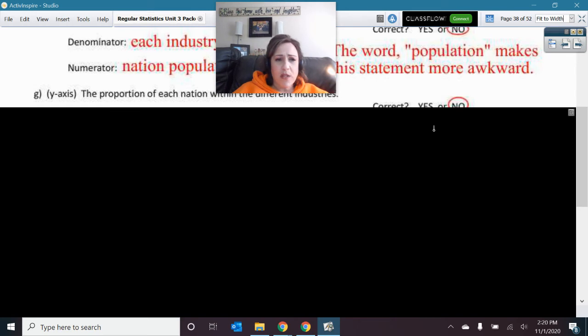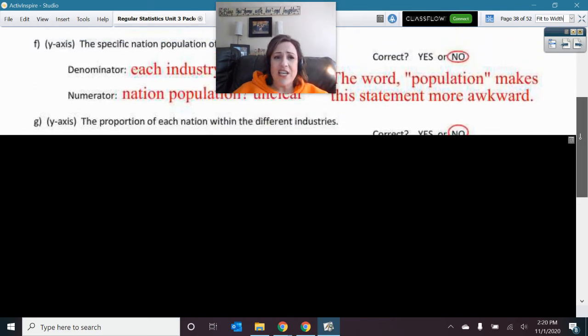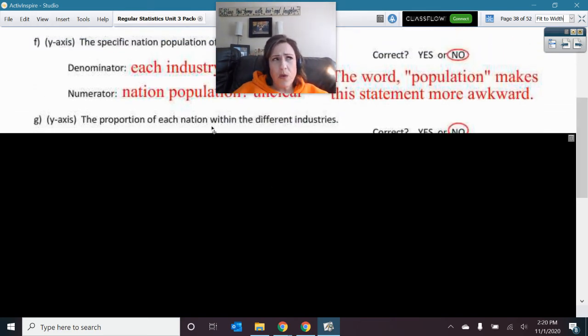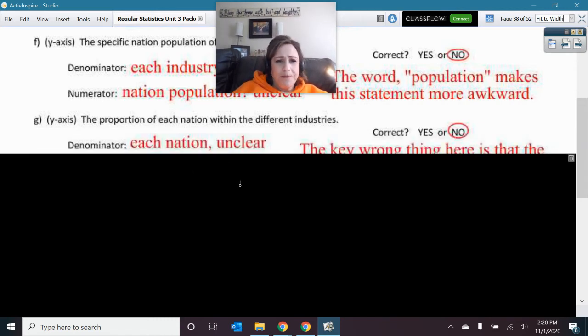Here's another y-axis one. The proportion of each nation within the different industries. It's the proportion of each nation. So it almost sounds like the proportion of what Britain makes, and then that out of the industry.